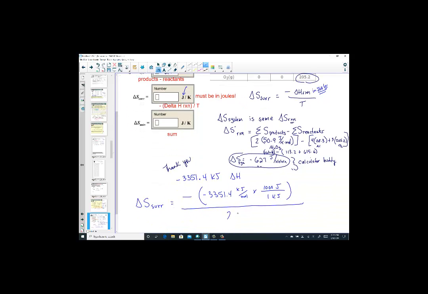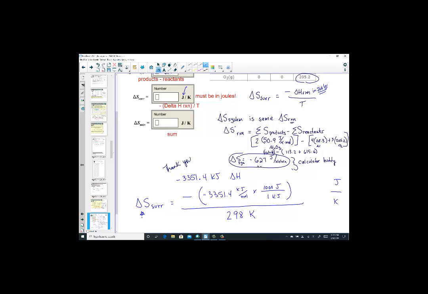And that's exactly the unit that we want to end up with, joule per Kelvin. That's the units on entropy. So we need to take 3351.4, multiply it by 1,000.